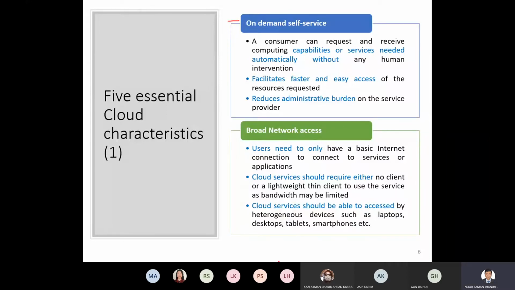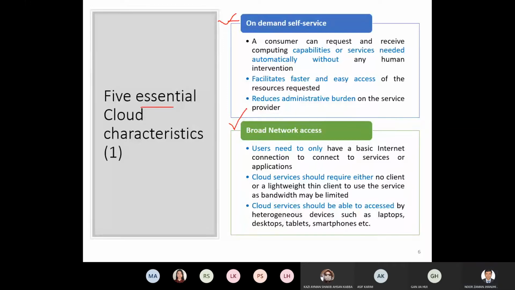Second point, as we say, these are the five essential characteristics. The next one is broadband, or broad network access. It means that as a user, you are supposed to be able to get your required data with a good broadband network.